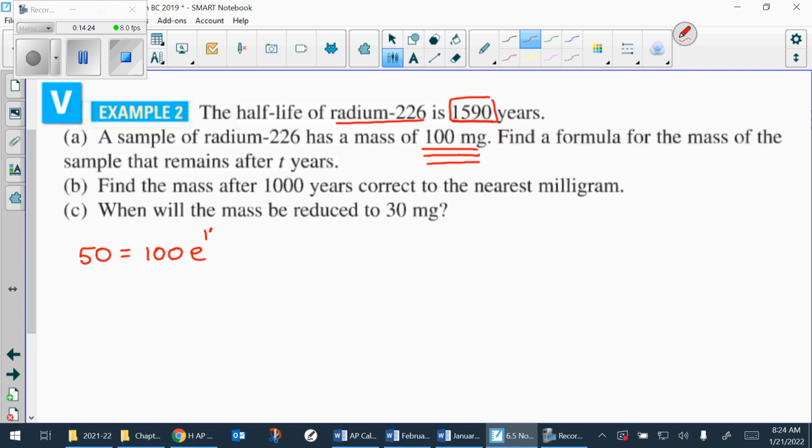I don't know what k is, but I do know that the amount of time that it takes to go from 100 down to 50 is 1,590 years. Now I've got to solve for k. So let's see, I'm going to divide by 100 and I'm going to get 0.5.